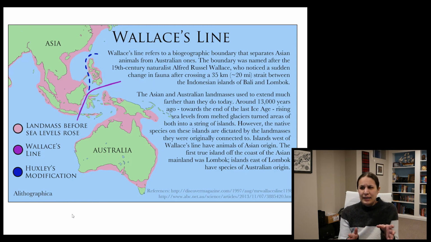When sea levels were lower in the geologic past, the islands on the Indo-Malaysian side would have been connected by land bridges, and islands on the Australian side would have been connected by land bridges. But because you have that area of deep water separating them with no land bridge when sea levels were lower, that kept those two areas separate from one another.